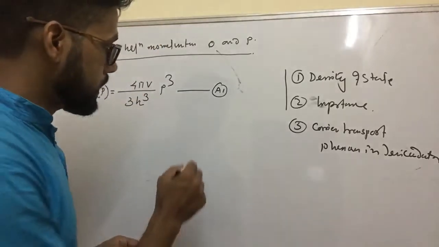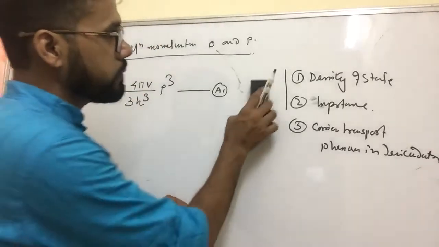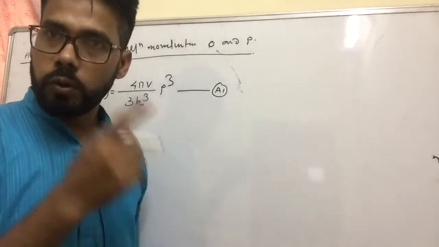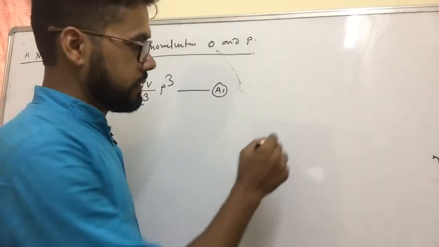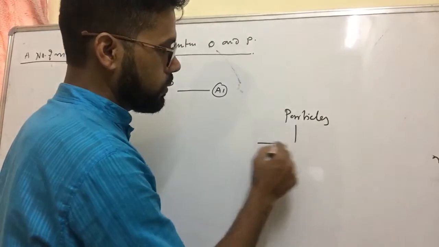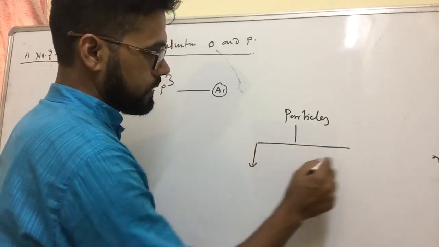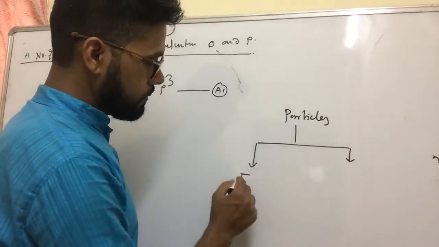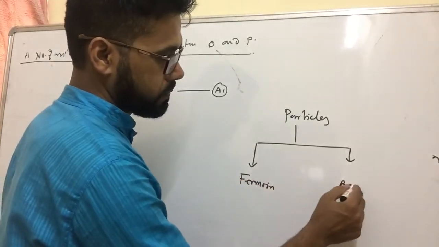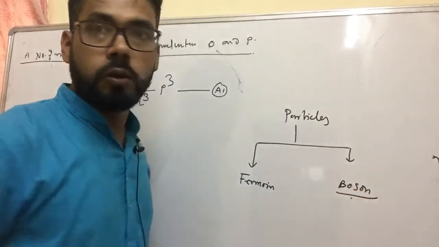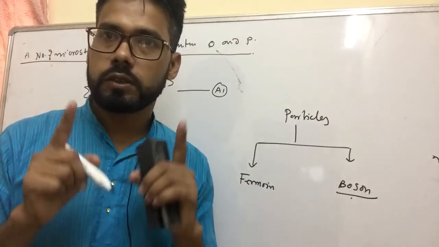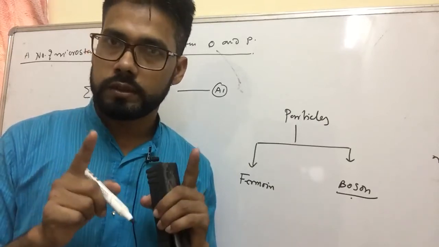In particle physics, the whole particle is divided into two groups. One is known as fermion and the other is known as boson.